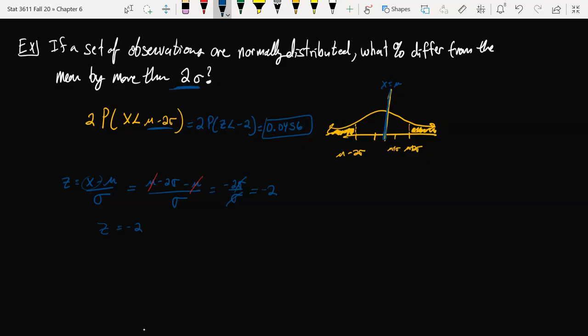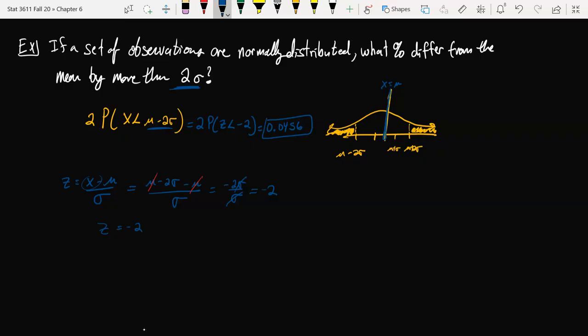So if I have a normal distribution that has a standard deviation of 5, and I have a normal distribution that has a standard deviation of 10, it's still the same likelihood that you're more than 2 standard deviations away from the mean, whatever that is. Okay? So in this case, that's about 0.0456. It's the same thing as a standard normal distribution being 2 points away. So I'll leave it with that for the end of this one, okay?